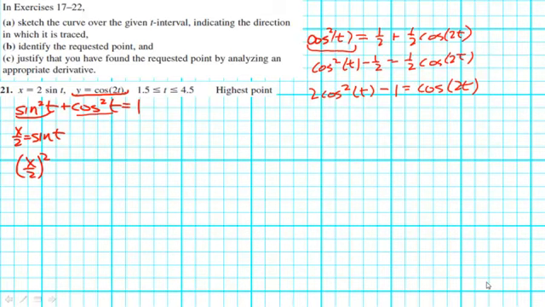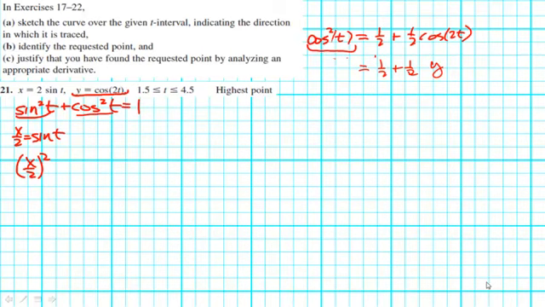Now you replace cosine 2t with y. And so it's 1/2 plus 1/2 y. So, plus this is going to be replaced with 1/2 plus 1/2 y, and it's equal to 1.